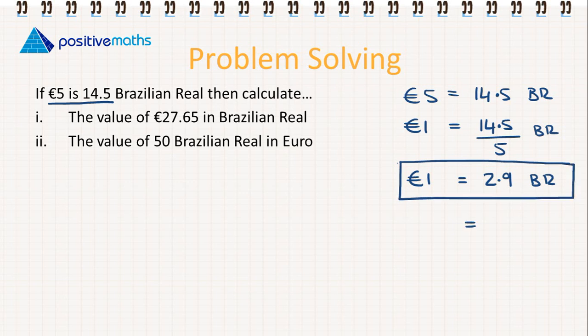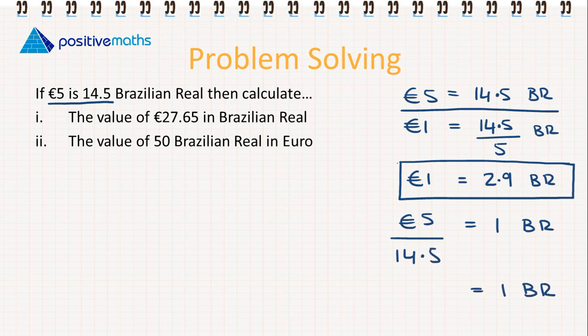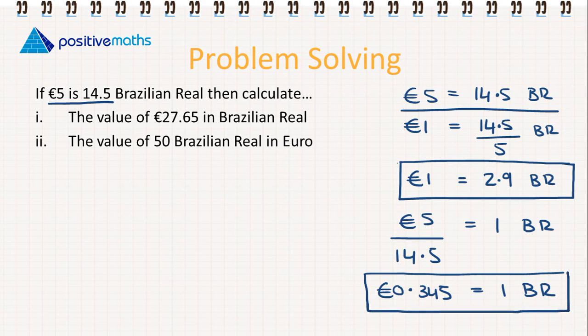Now I'm going to find the value in euro for 1 Brazilian real. Taking my information from here, it's going to be €5 divided by 14.5. So I get 0.345. I'm just going to leave it to 3 decimal places for the moment, so it will give us a higher level of accuracy.